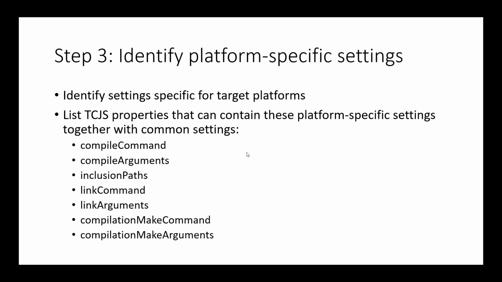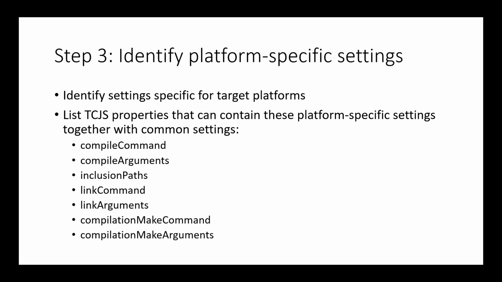Next step is to identify platform-specific settings. So you need to talk to your experienced guys and list what settings are required for each target platform. This includes compile arguments, inclusion paths, link arguments.